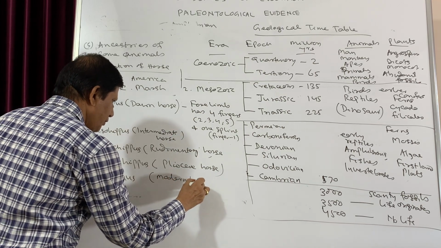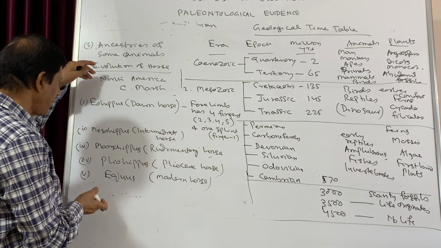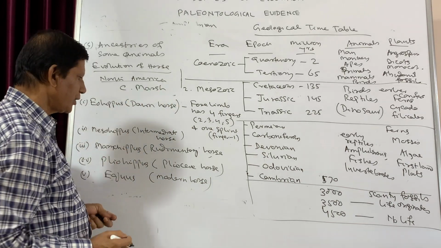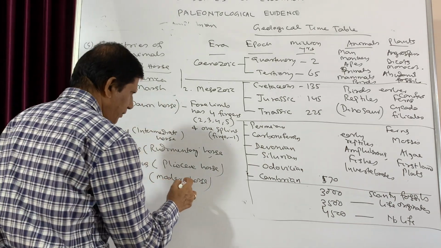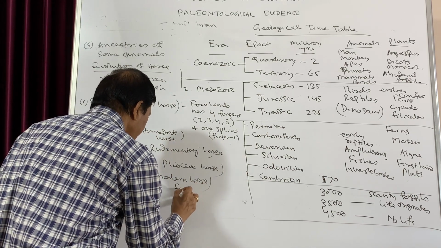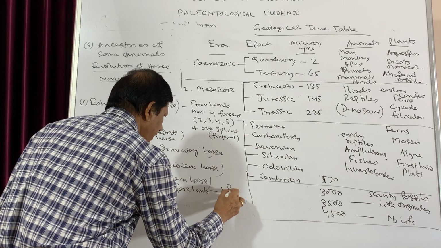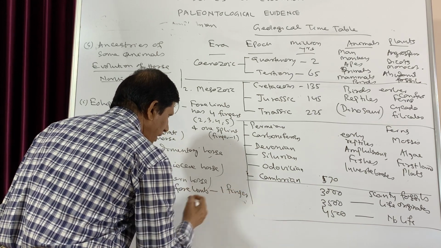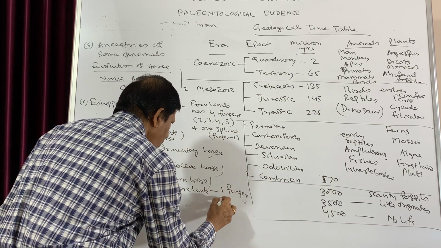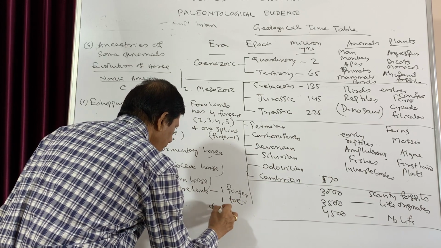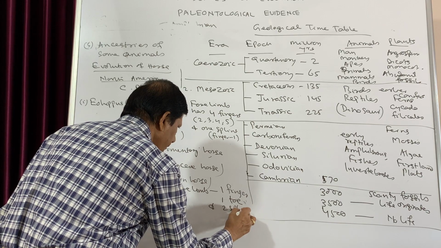That means the horse which we see nowadays, and all these different horses, are found in North America. So in the modern horse, the forelimb has only one finger, 1 toe, and 2 splints.